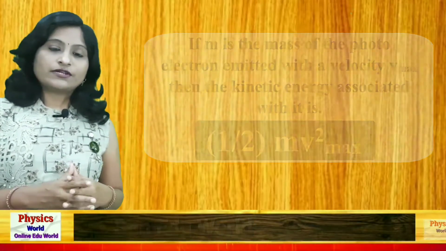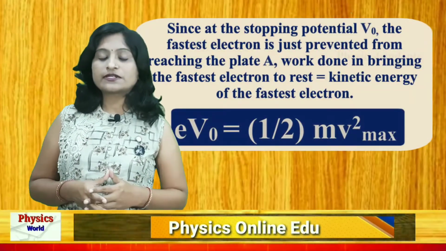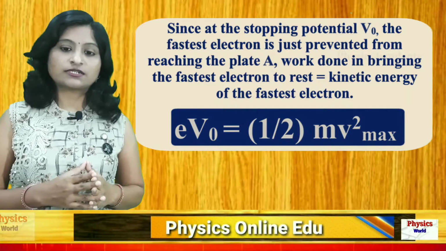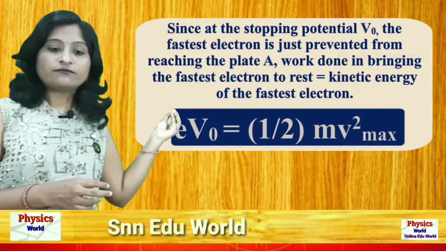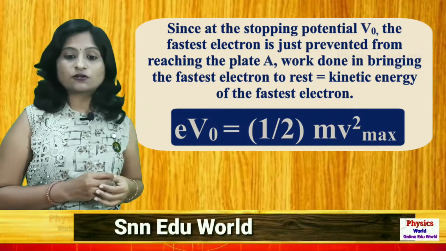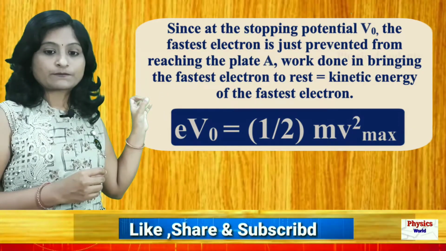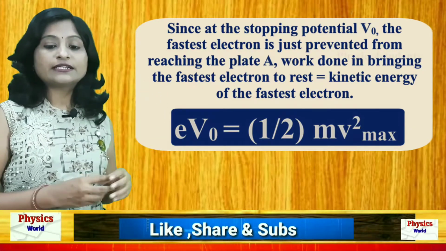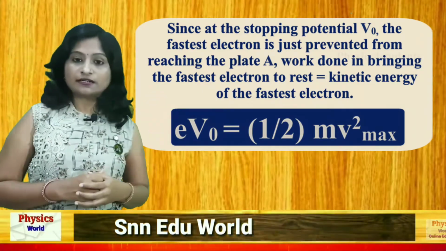Now, as we get one type of potential here, which we will study in a few minutes, that is the stopping potential V naught. Since at the stopping potential V naught the fastest electron is just prevented from reaching plate A, the work done in bringing the fastest electron to rest is nothing but the kinetic energy.